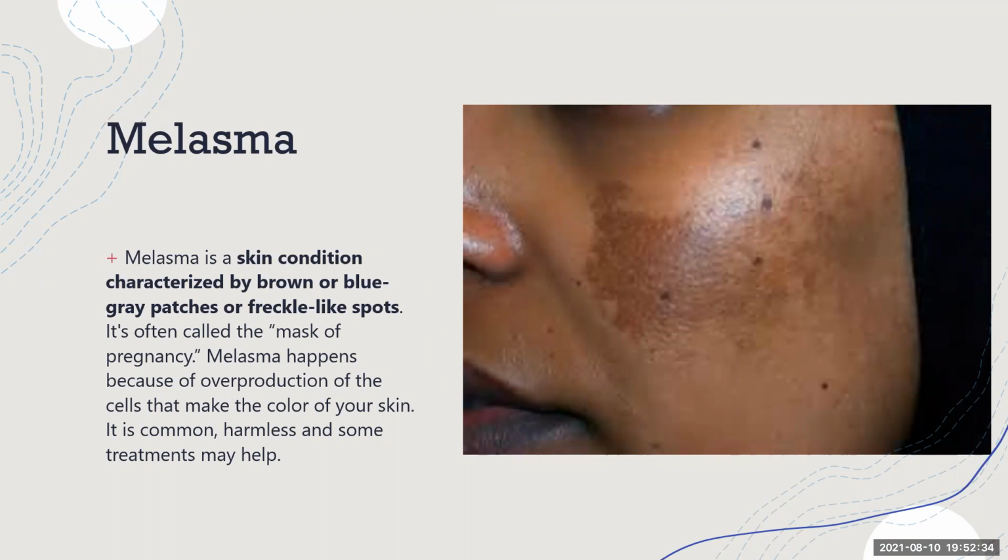Similarly, you can find these in children also who are very obese, and especially in their creases, like in the neck crease and in the shoulder joint. If you look at the axillary region or the elbow region where there are creases, those creases are getting very dark. So dark black lines over the neck, dark black lines over the elbow joint, and especially these freckles that you can find over the skin, over the cheeks. So they are the melasma.